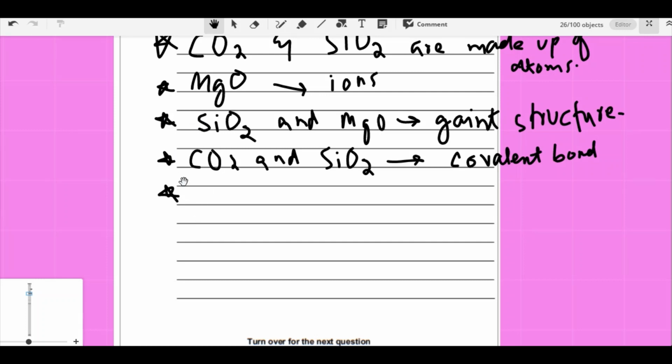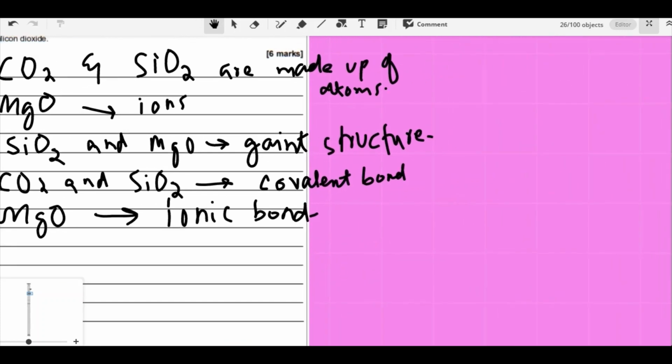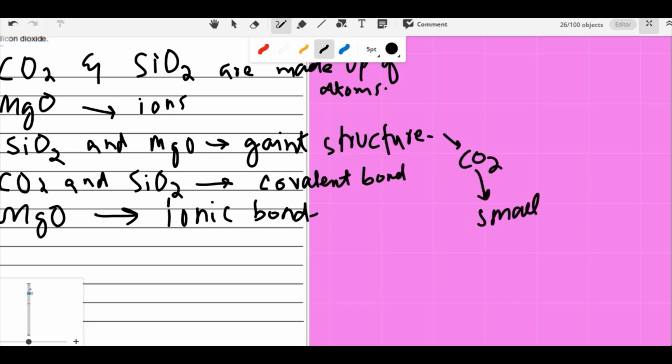Sorry, not three, here it would be 6. Now the magnesium oxide contains ionic bonds, while as I already told you, silicon dioxide and magnesium oxide have a joint structure, and you can add one more thing: carbon dioxide has a small molecule structure.